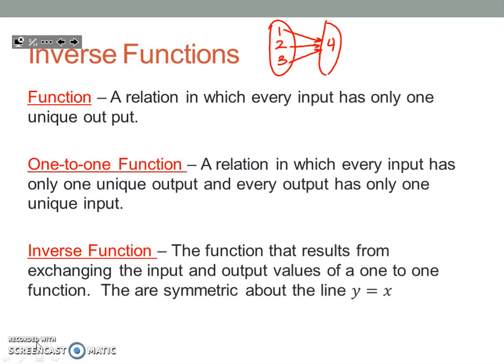So that still works as a function. However, that is not a one-to-one function because a one-to-one function has to have each input have its own output and each output have its own input.